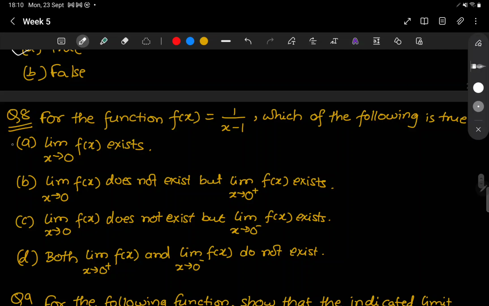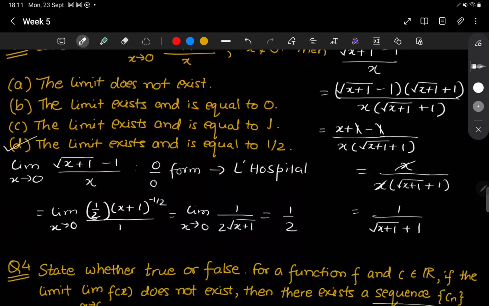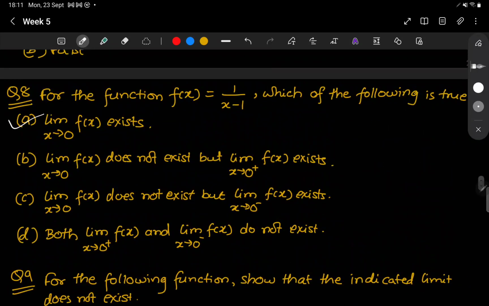So the correct answer is option A: the limit as x tends to 0 of f(x) exists. This is similar to the first question for this week, where we actually found the limit. Just for the sake of terminology, x tending to 0 plus refers to the right-handed limit, and x tending to 0 minus refers to the left-hand limit.